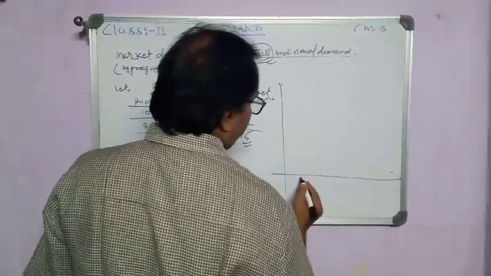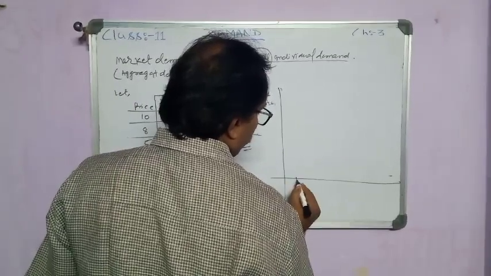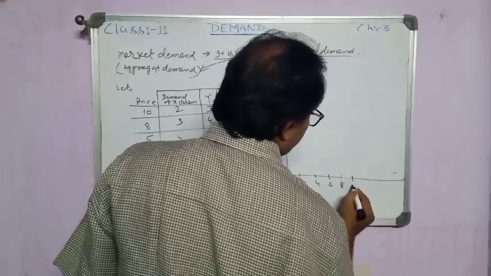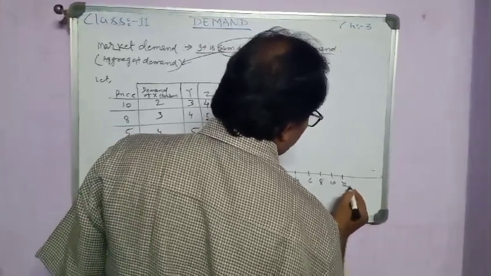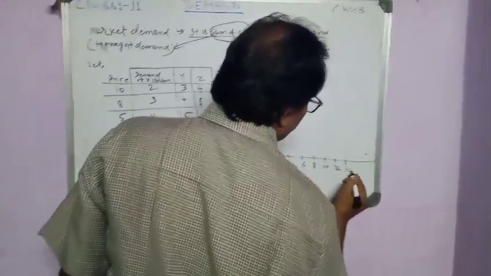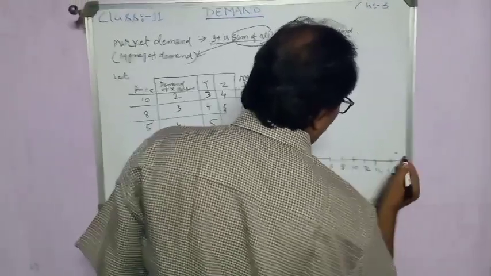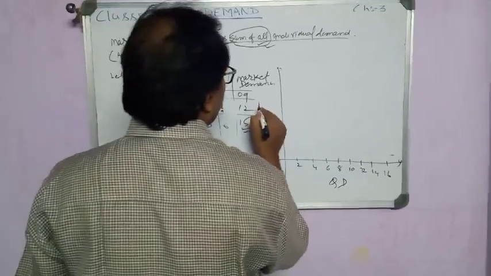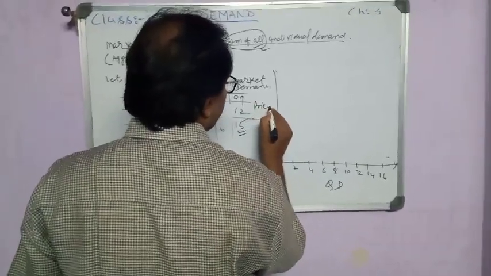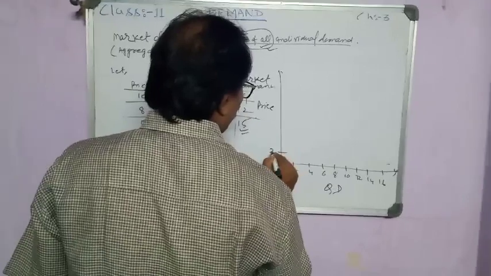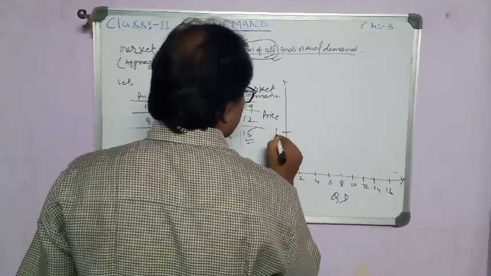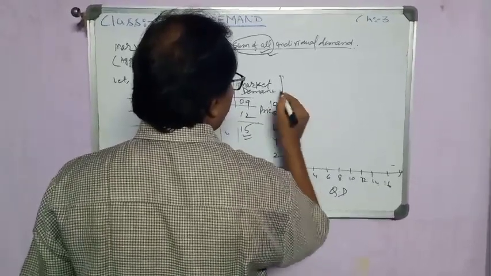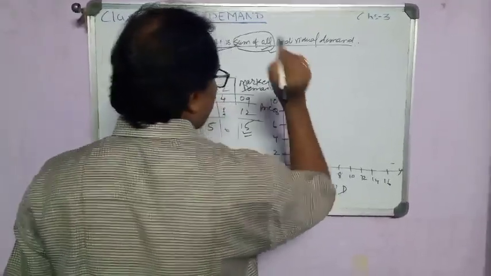So it would be better to take a difference of 2: 2, 4, 6, 8, 10, 12, 14 and 16. So on the X axis we put quantity demanded and on the Y axis the price: 2, 4, 6, 8, 10, 12. So that is the Y axis.